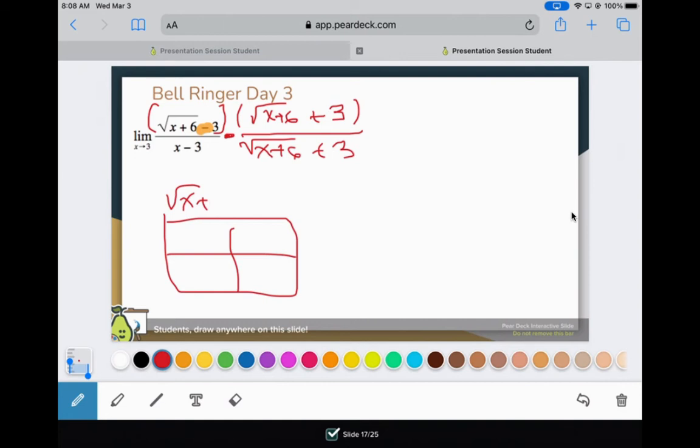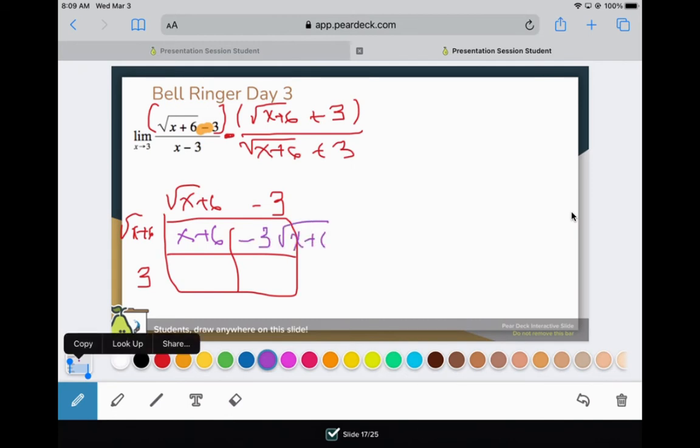So x plus 6, negative 3. And then I'm using the other one, which is x plus 6, and then positive 3. What I do is that I'm going to multiply them in. Remember, when you multiply square root of x plus 6 and square root of x plus 6, it's going to cancel out the square root, so you have x plus 6. And then for this one, it's going to be negative square root of x plus 6.